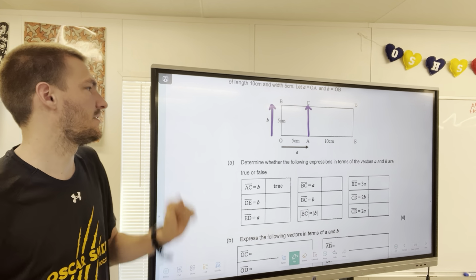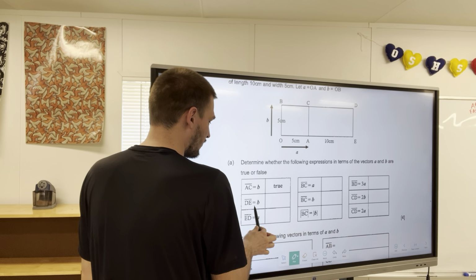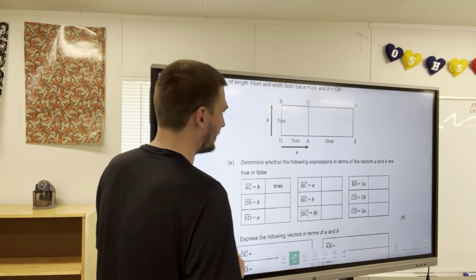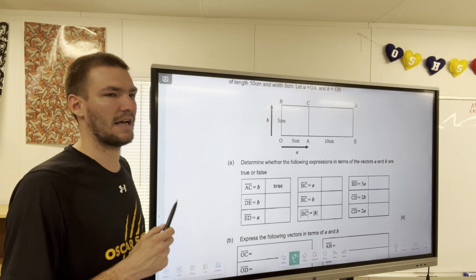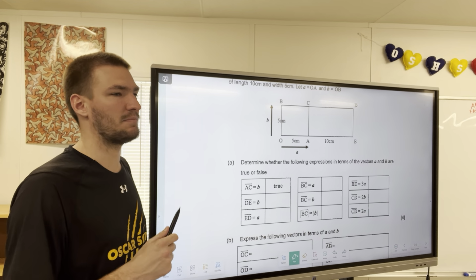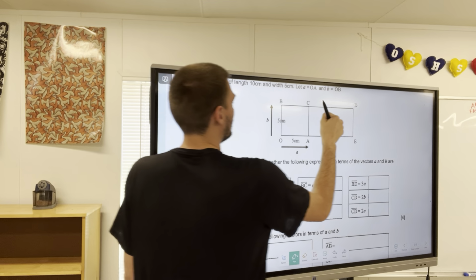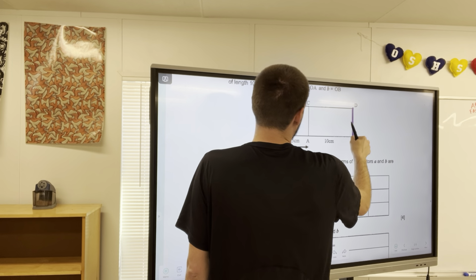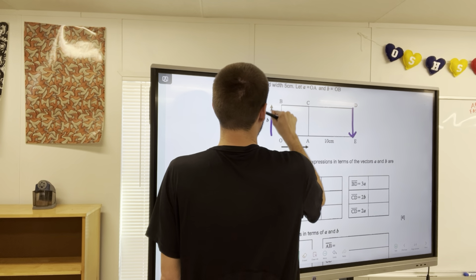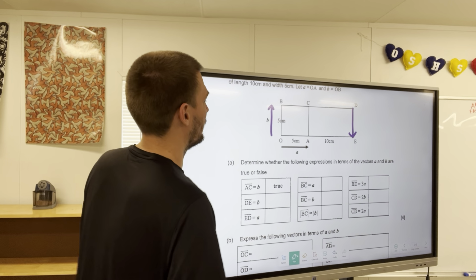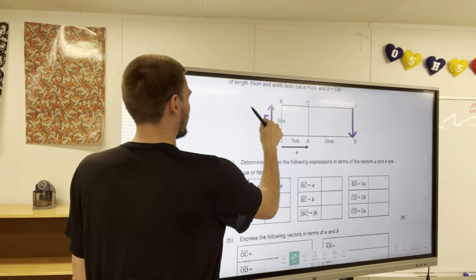So what do you guys think about the first one that they haven't given us? DE equals B. Is DE the same thing as B? Anybody want to go for that? I see Grady shaking his head, no. Is DE the same thing as B? I know that this has a magnitude of 5.